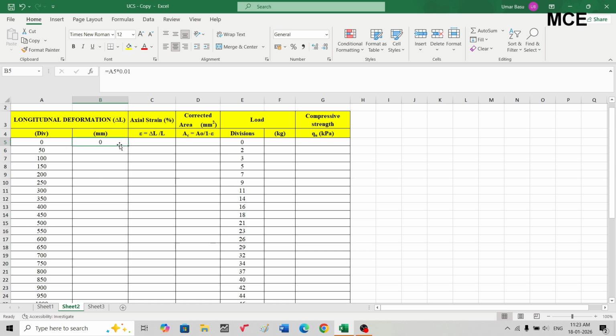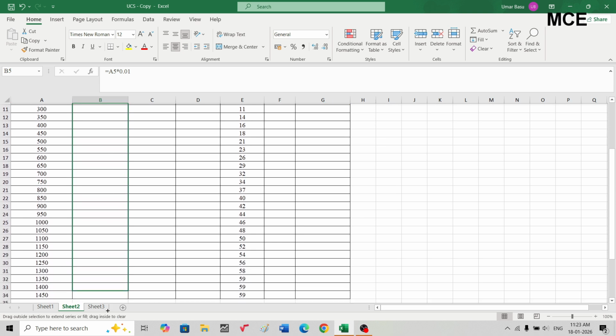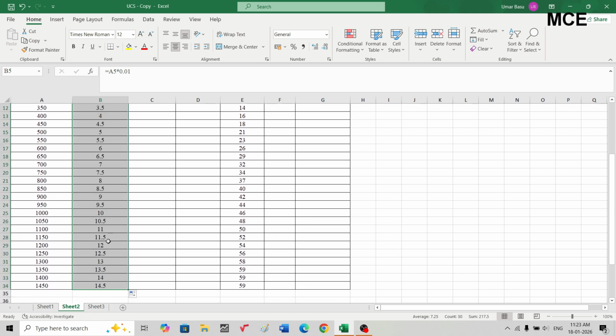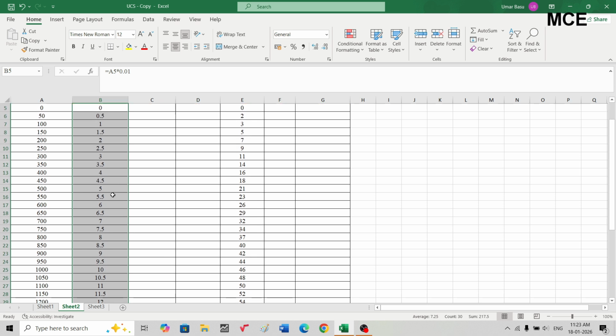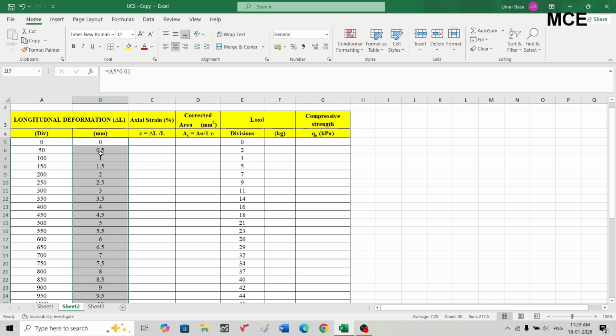Now since we have already given Excel the formula, we select the first cell and drag it till the last row. Excel will automatically calculate the value of deformation in mm for the rest of the divisions. You can see for 50 divisions it's 0.5 and for 100 it's 1.